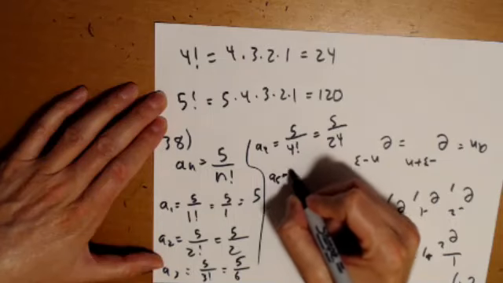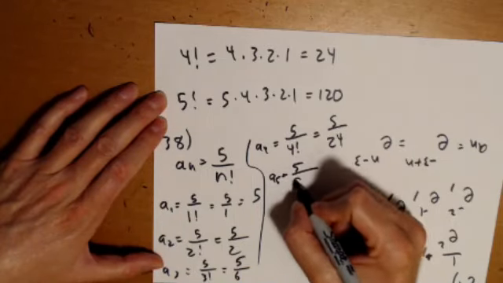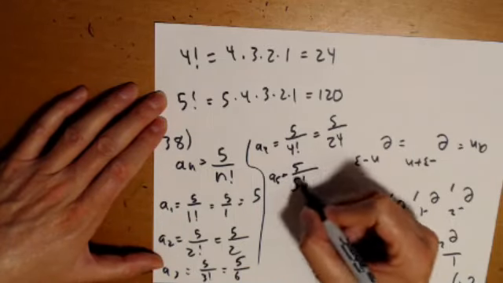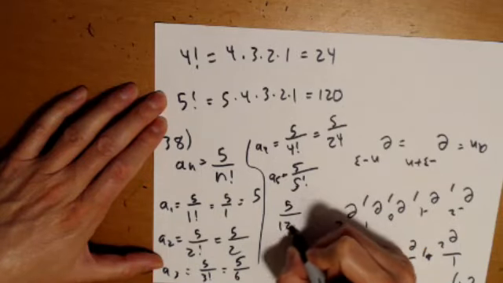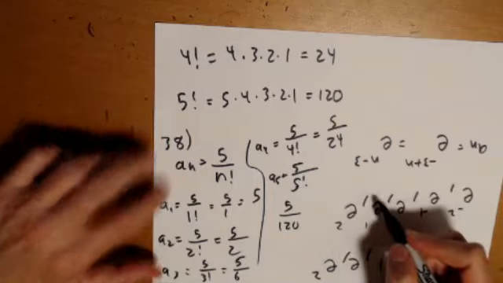And a5 is 5 over 5 factorial, and 5 factorial is 120, so that's 5 over 120. Those are the first 5 terms.